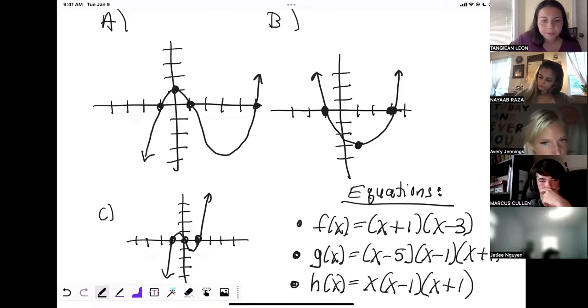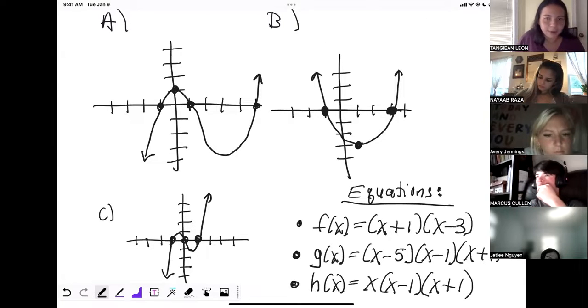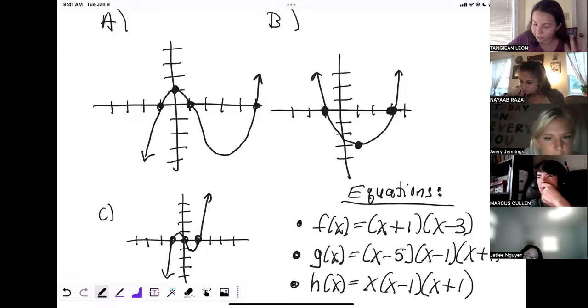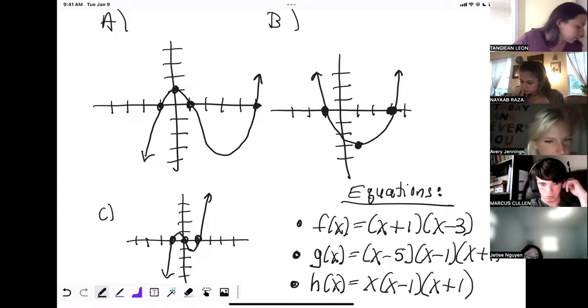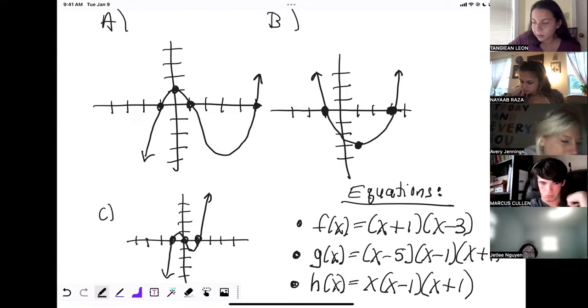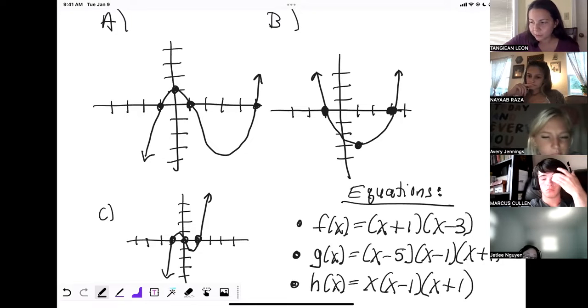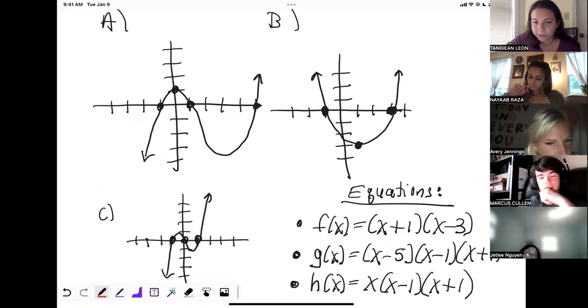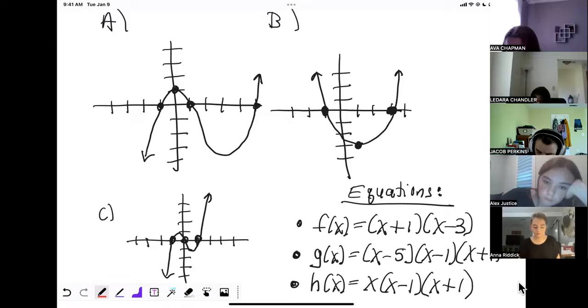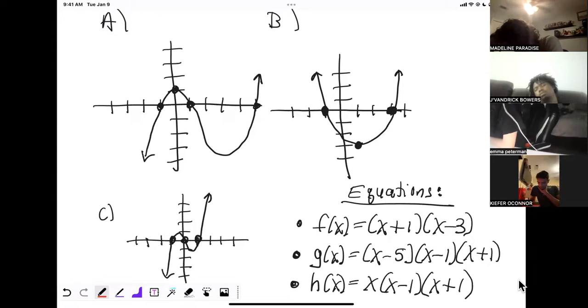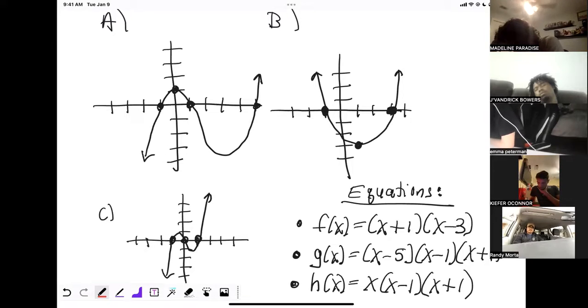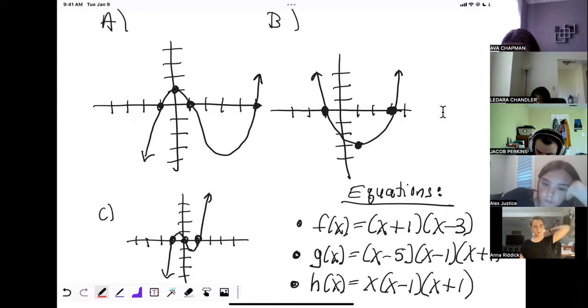Take a minute or two, look at the equations and see if you can match them. Amber, you're right. Yep.